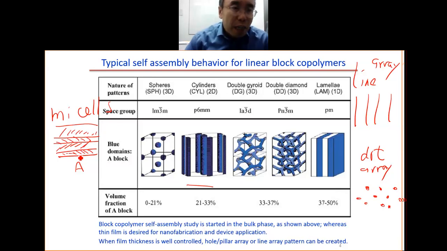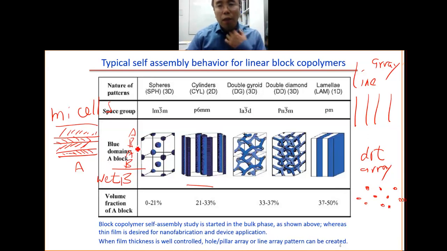If the substrate wets B, then you get B, A, something like this.